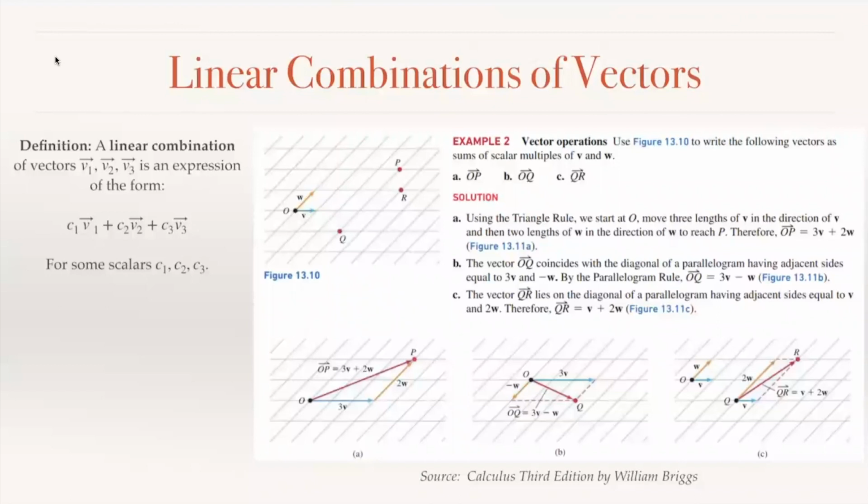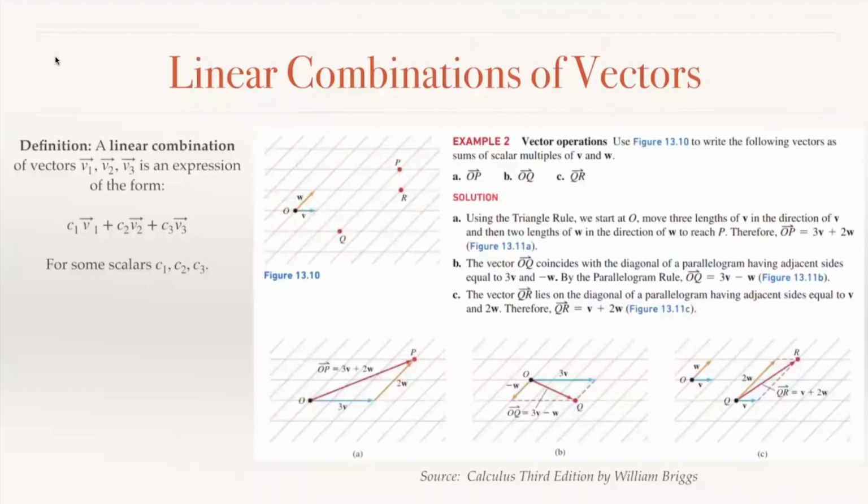And these are some visualizations of linear combinations. So if we have vectors v and w denoted here, then we can imagine getting to various points, in this case P, R, and Q, as linear combinations of v and w.